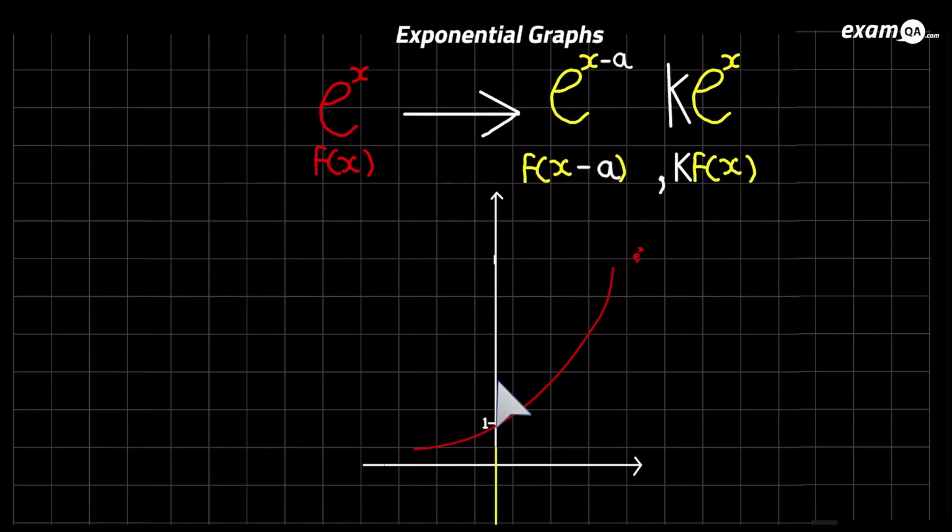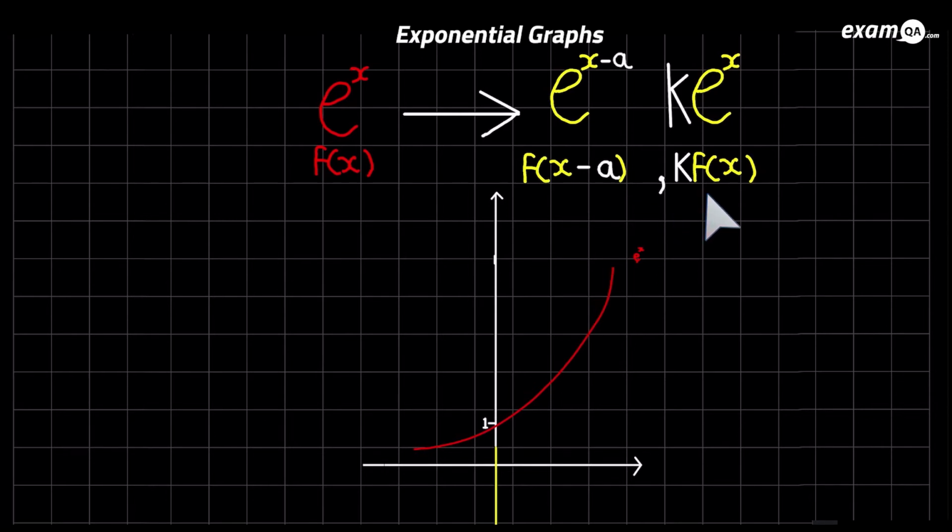Okay, so these two transformations do much the same thing. They move the graph to the left or the right. With f(x - a), it moves the graph to the right. And if it was x plus a inside the brackets, it'd move it to the left. And with kf(x), it does something very similar.